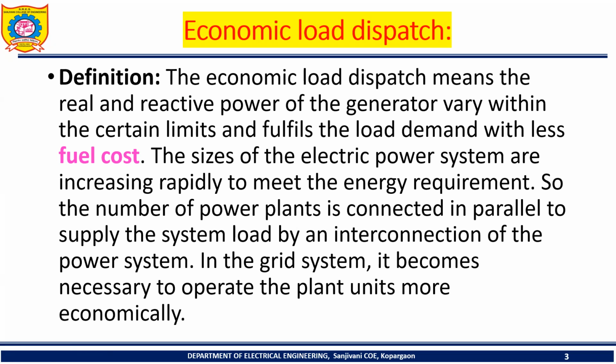And all these parallel generators are connected in an interconnected system, isn't it? In the grid system, it becomes necessary to operate the plant units more and more economically. That is the meaning of economic load dispatch. Whatever operation we perform in a grid system, it should be economical in nature.